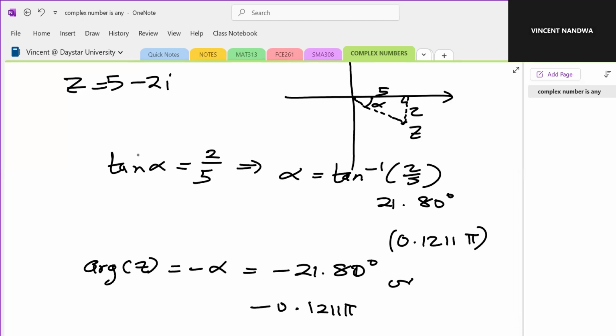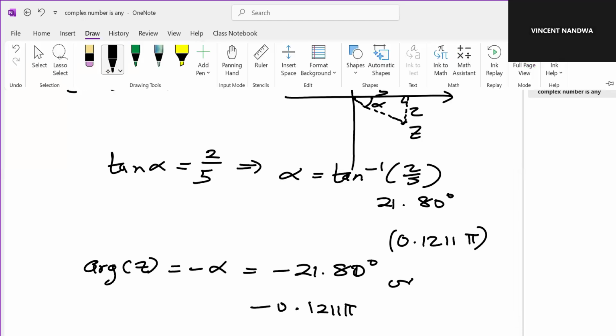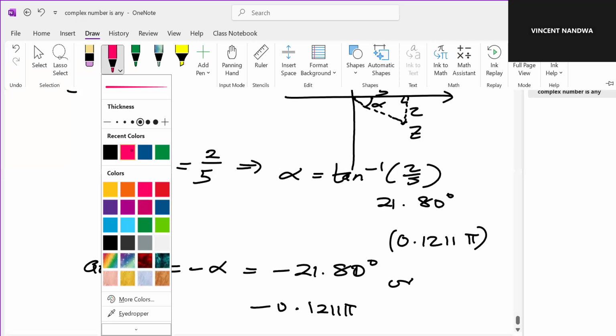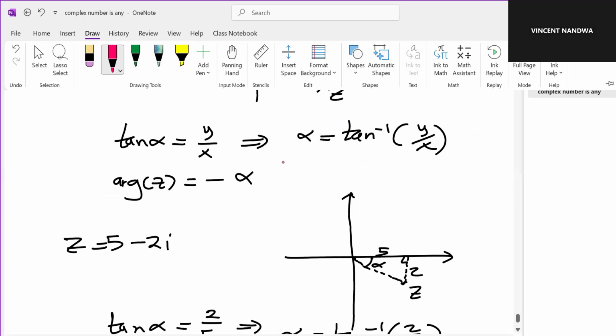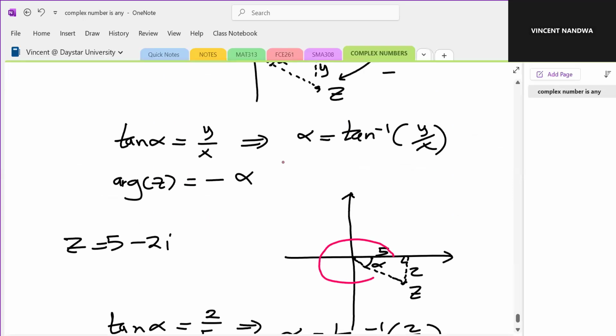But if you want to give your angle as a positive angle, then it means that now you'll be referring to this measure.